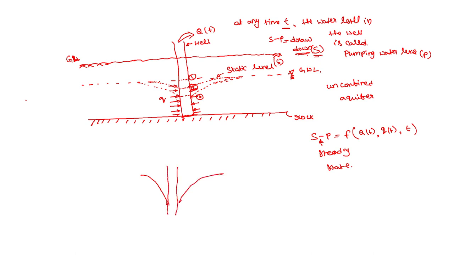So it may look in this manner. Suppose somebody has a 3D diagram, it will look like an inverted cone. The water level in the aquifer will form an inverted cone shape.